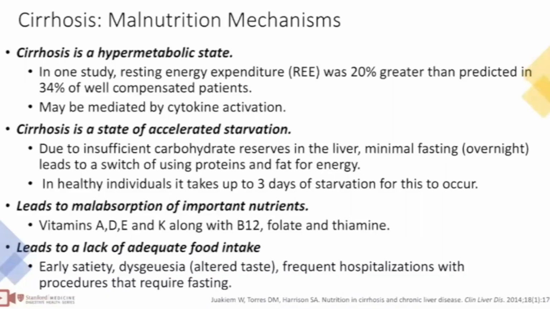So 20% greater energy expenditure needs an additional 20% calories and 20% protein, mediated by cytokine activation. Cirrhosis is a state of accelerated starvation, maybe due to raised cytokines like TNF alpha, interleukin 1 and 6. So these points should be considered to estimate energy and protein.